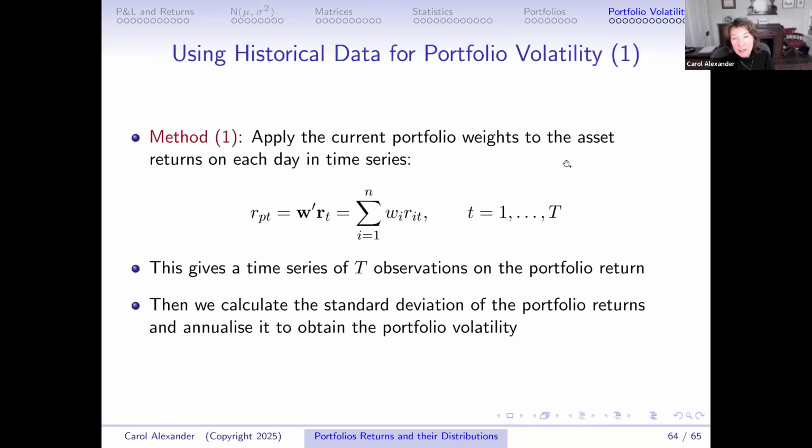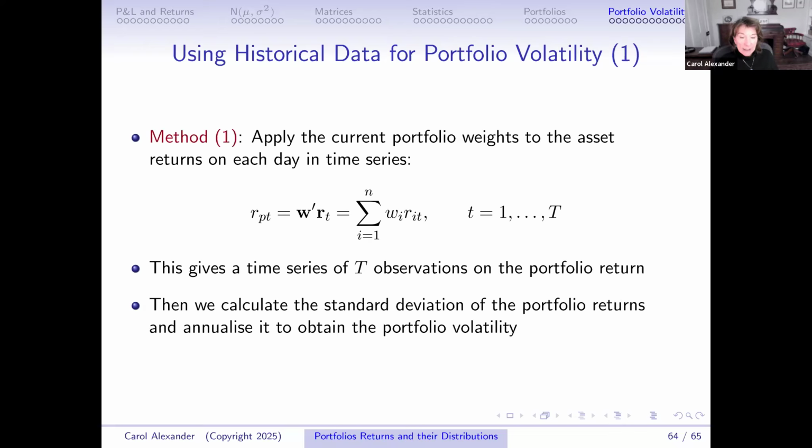There's another way to calculate historical data for portfolio volatility. So we can use historical data, applying the current portfolio weights to the asset returns on every single day. That gives you a time series of observations that are based on the assumption that the current weights were always the weights in the entire historical period, which means you rebalance the portfolio to constant weights every day.